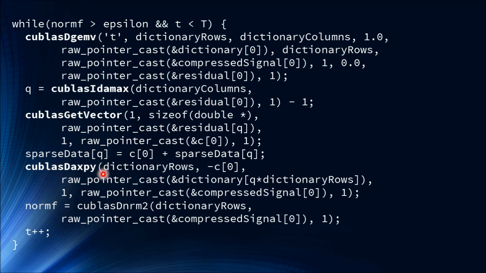A little multiply to apply or update back into our estimate, and then see how close we've gotten with another norm 2, and then increment and repeat.